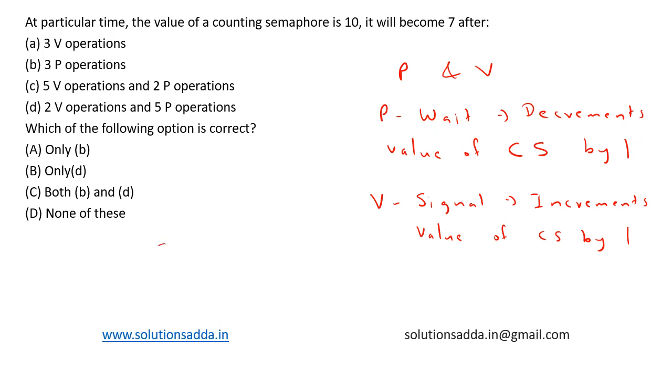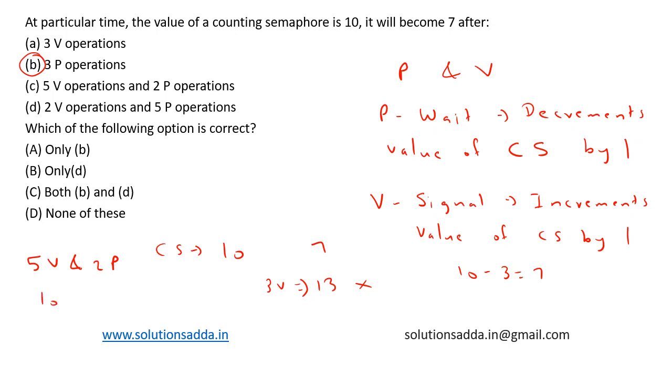Now the value of the counting semaphore currently is 10. After what operations will it become 7? With 3V, V means we are incrementing. Option A, 3V means it becomes 13. So this is not possible. After 3P operation, 3P means we are decrementing the value of the semaphore by 3. So 10 minus 3 equals 7. So option B can be a correct answer. Now let's see option C. We are performing 5V and 2P.